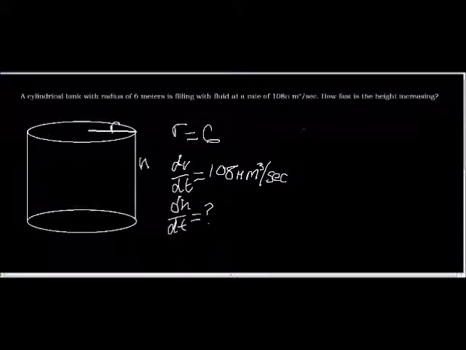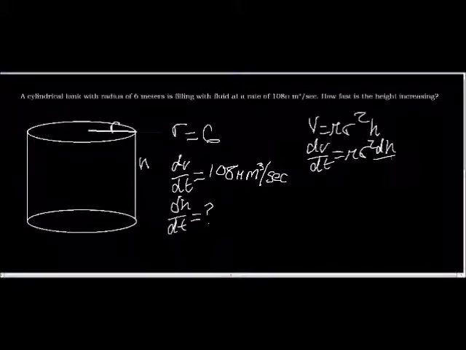To do this, you use the volume of a cylinder formula, which is pi r squared times height. The derivative is dV over dt equals pi r squared times dh over dt.